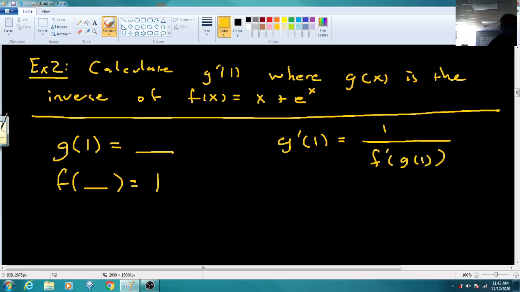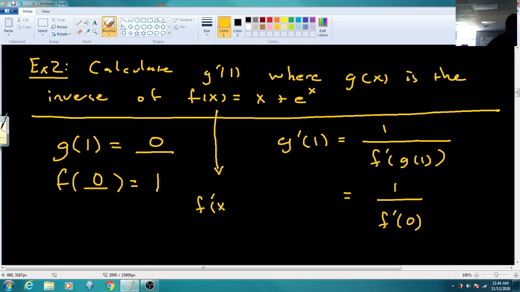And if you look at it a little bit or think about it a little bit, if you put 0 in for the x's, f of 0 will equal 1, therefore g of 1 will equal 0. And then what we need to basically do, that says g of 1 is 0. So this is 1 over f prime of 0. And to figure out what f prime of 0 is, I just need to take the derivative. F of x here is x plus e to the x.